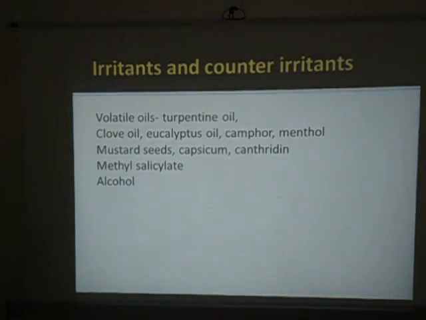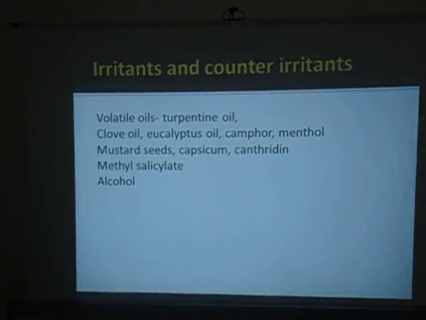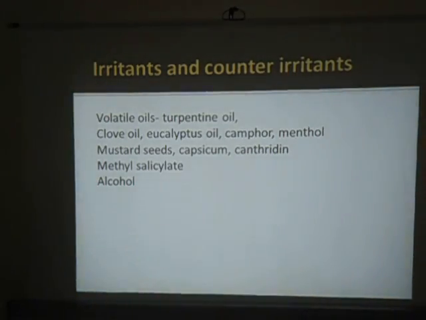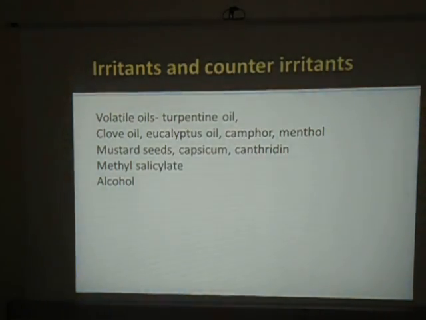Even camphor, some people keep it in their hand and burn it. Camphor can also evaporate, and there is coldness which is created.